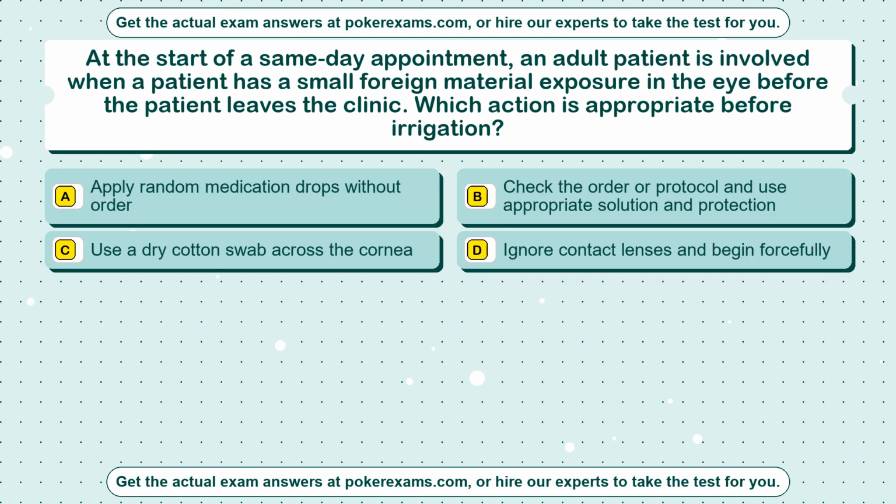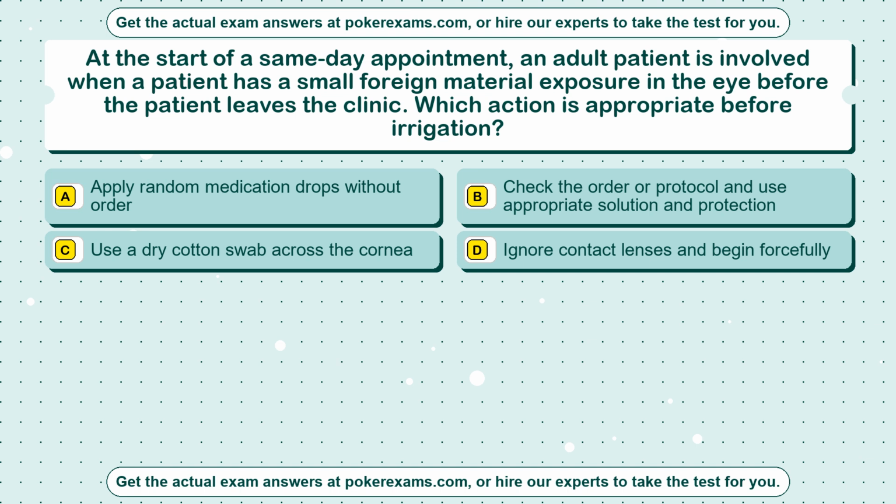Question 95. At the start of a same-day appointment, an adult patient is involved when a patient has a small foreign material exposure in the eye before the patient leaves the clinic. Which action is appropriate before irrigation? Option A. Apply random medication drops without order. Option B. Check the order or protocol and use appropriate solution and protection.